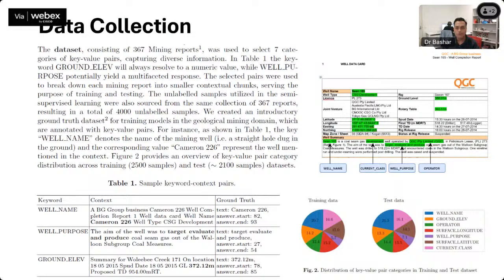So for this one, we used a small data set to see how it works. You can see here the source of the data, then also the distribution of different questions, how many samples for different categories.